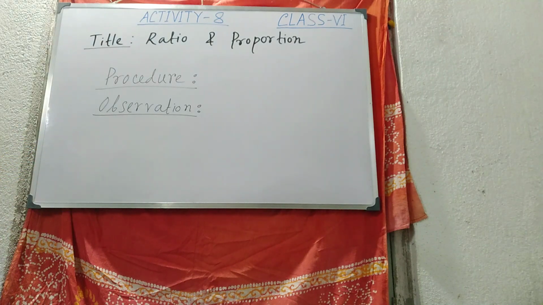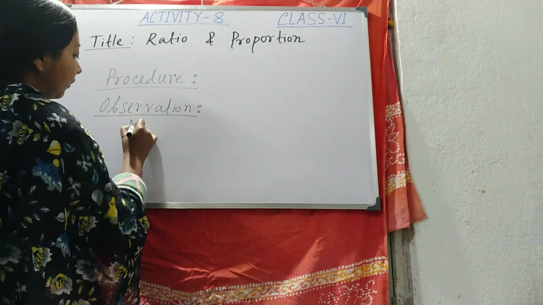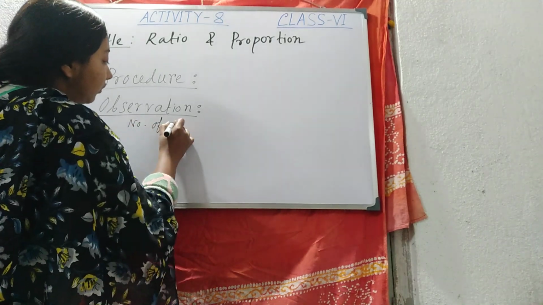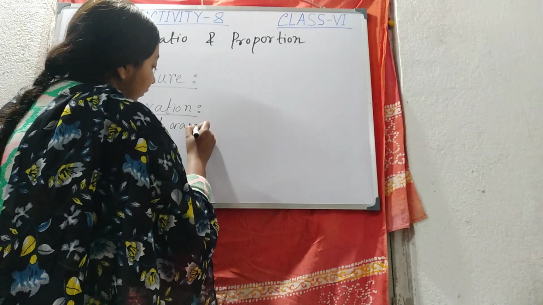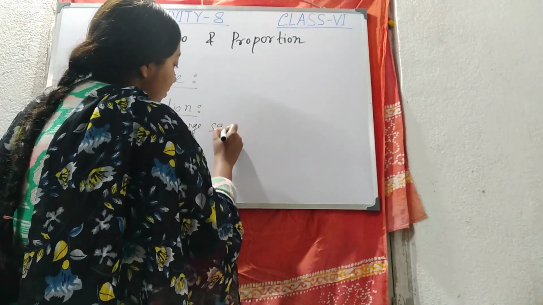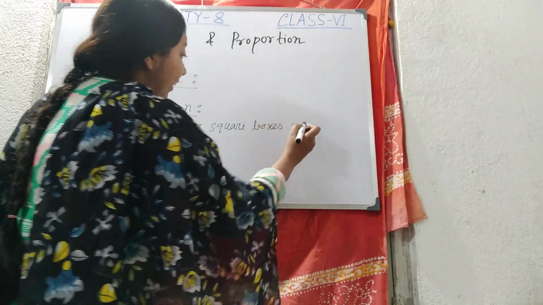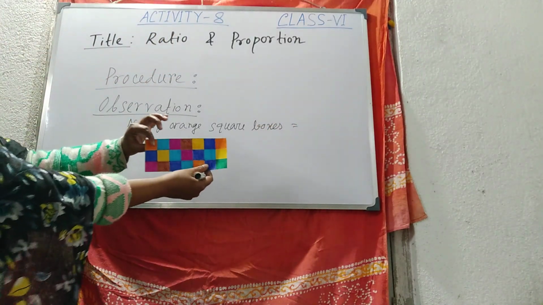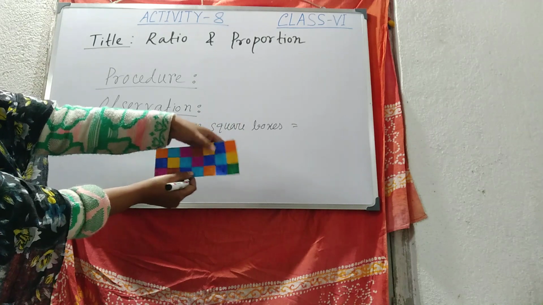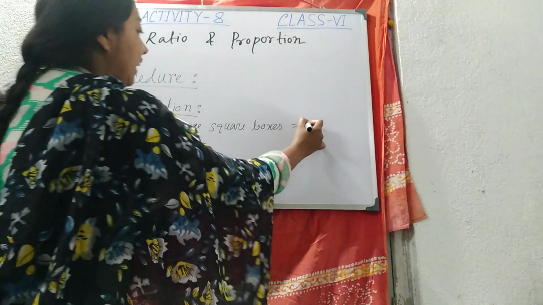So we have to write it this way: number of orange square boxes equals 1, 2 and 3. So here we will write 3.